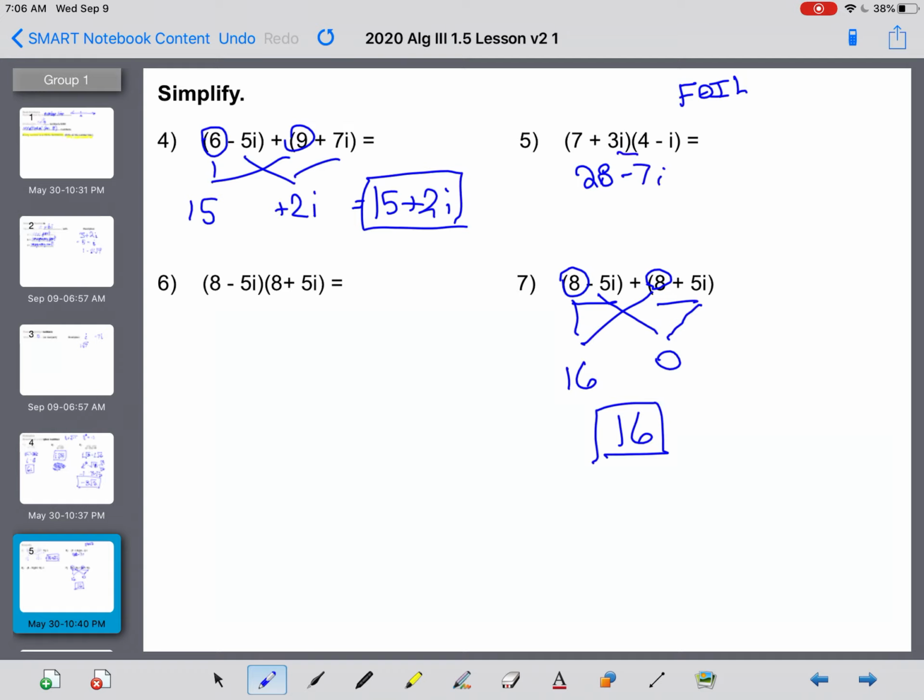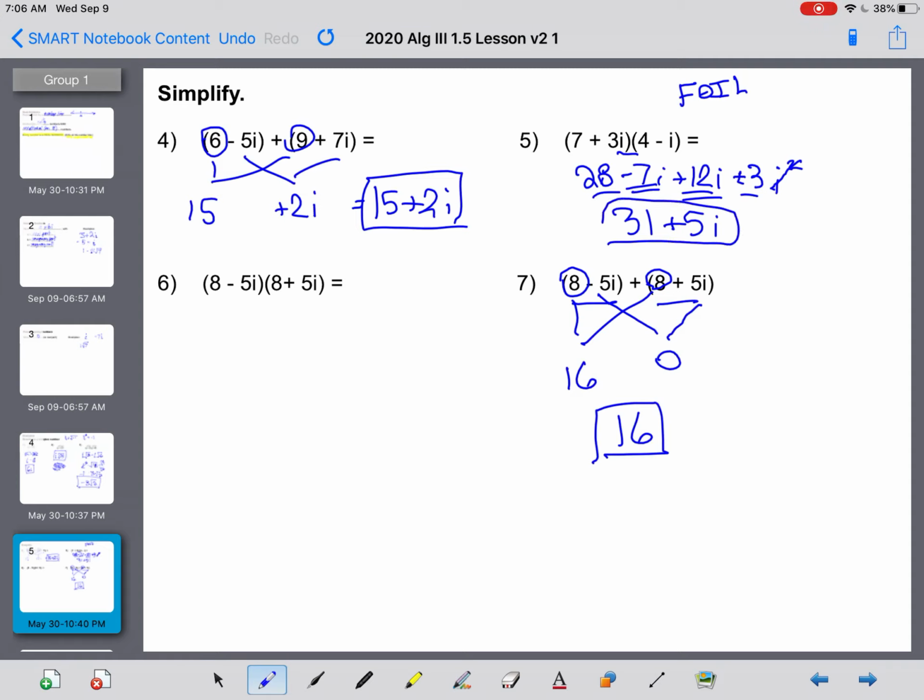If I do my insides right here, I get plus 12i. And if I do last times last, I get negative 3i squared. But that I squared is really negative 1, so what I do is I just cross out the I squared and switch the sign on my 3. So now I have 28 and 3 for 31. I have minus 7i, 12i for plus 5i.